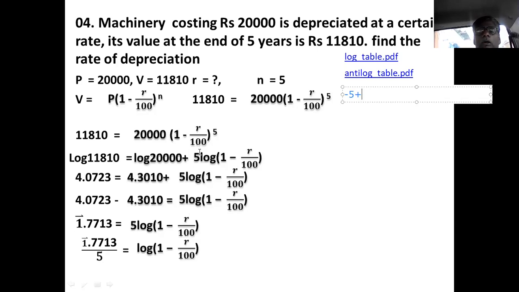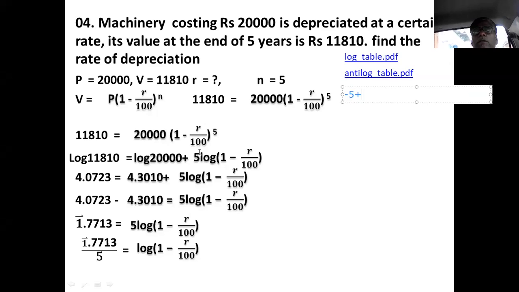So already I recorded bar 5. Bar 5 means minus 5 I recorded. Minus 5 plus which number is equal to bar 1? Tell me. I have written minus 5 now. To get the same number, bar 1 is here.